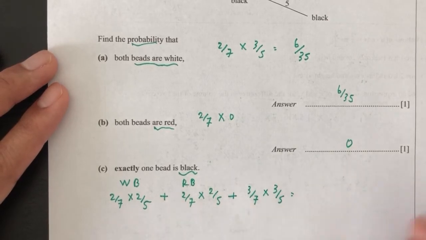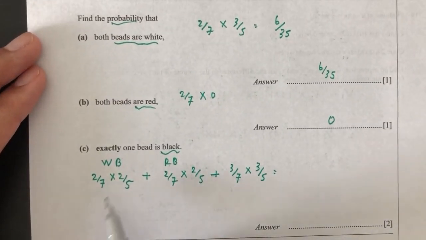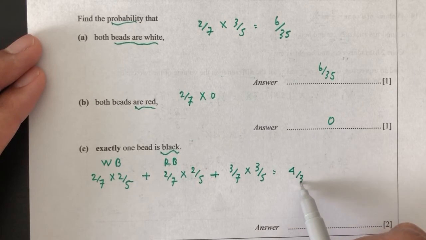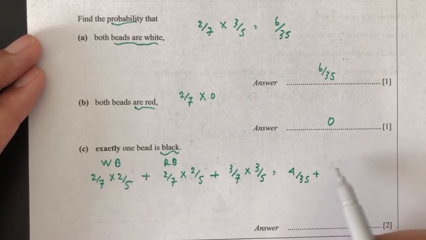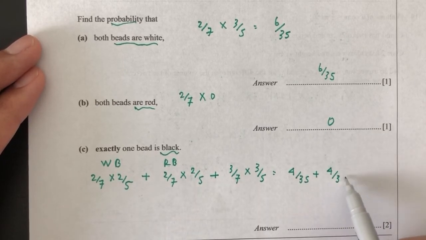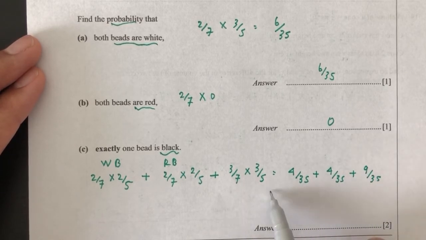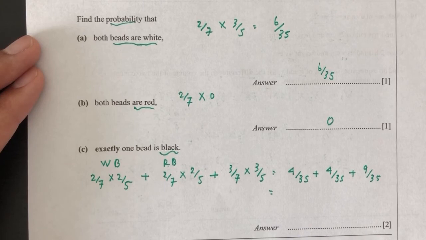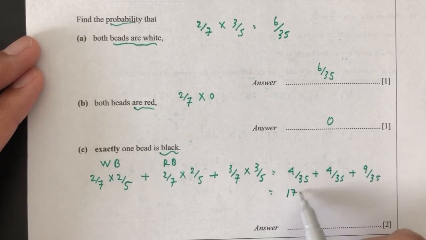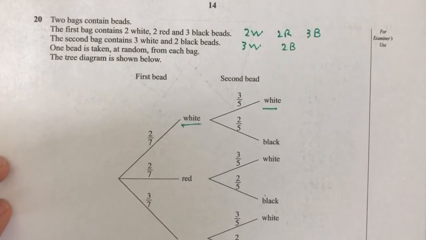So now let's simplify. First one will be 4 over 35 plus 4 over 35 plus 9 over 35. So 4 plus 4 is 8. 8 plus 9 will be 17 over 35. And that is your answer for part C. That was question number 20.